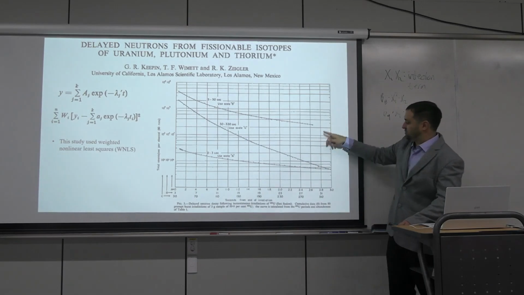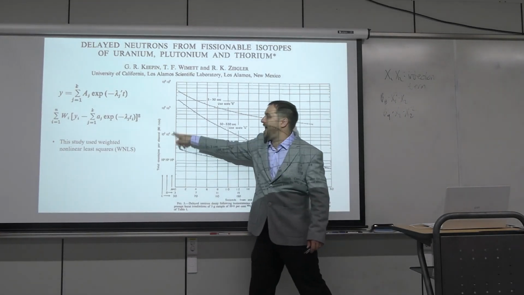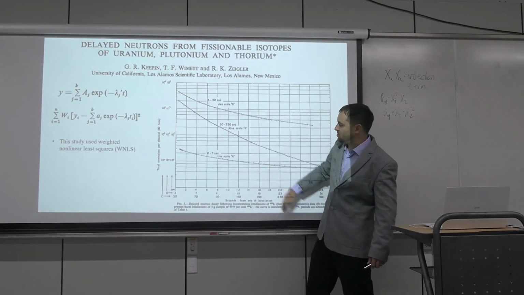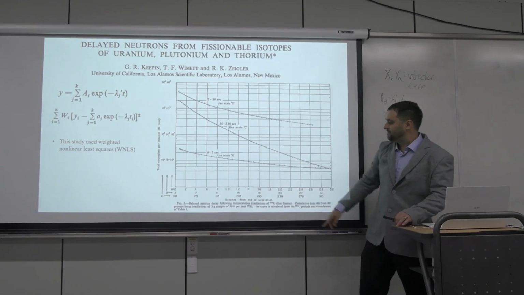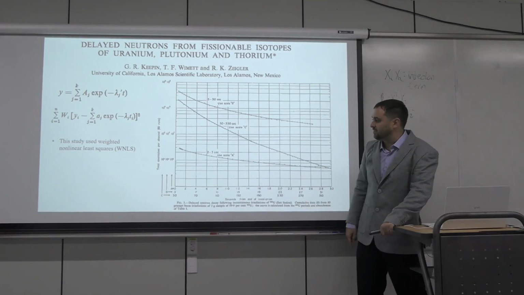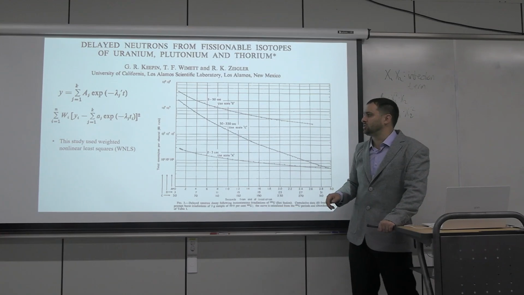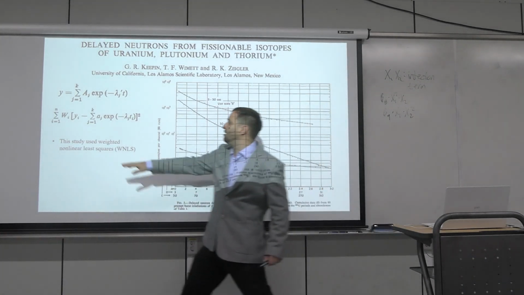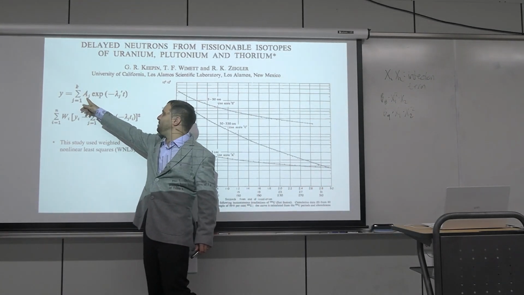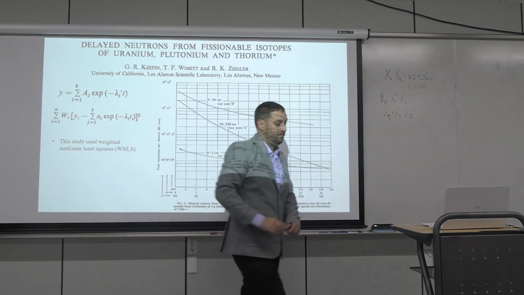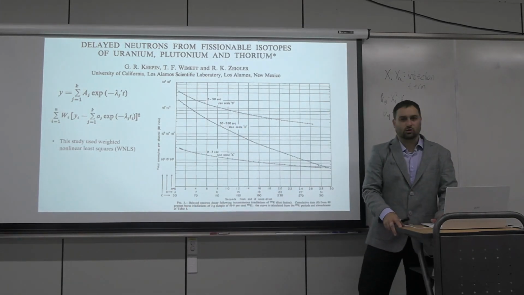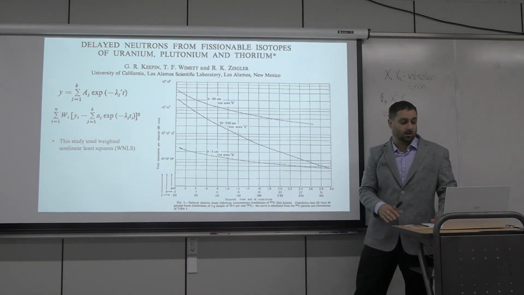There are three different sets of axes on these figures, which is why there are three different curves. They use weighted nonlinear least squares to determine your parameter a's and your lambda parameters. Those are some examples of nonlinear regression.